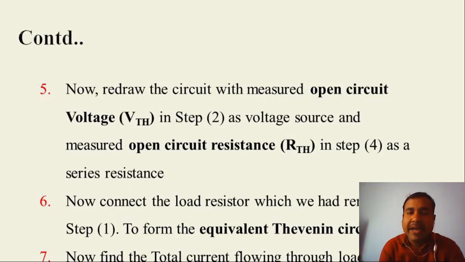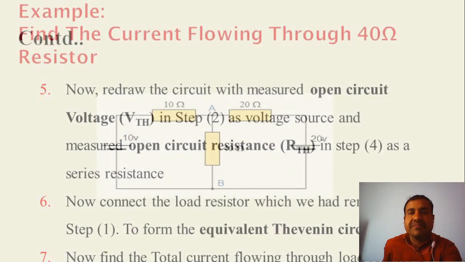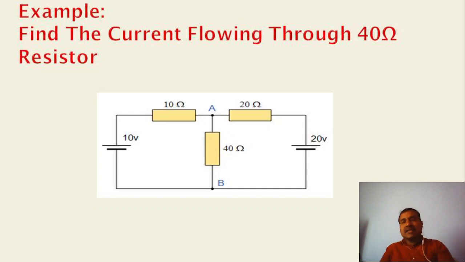Then finally we can find out the load current that is flowing through the load resistance. So these are the steps to solve a network using Thevenin's theorem. So let us see an example of how we can apply this Thevenin theorem and solve a network.